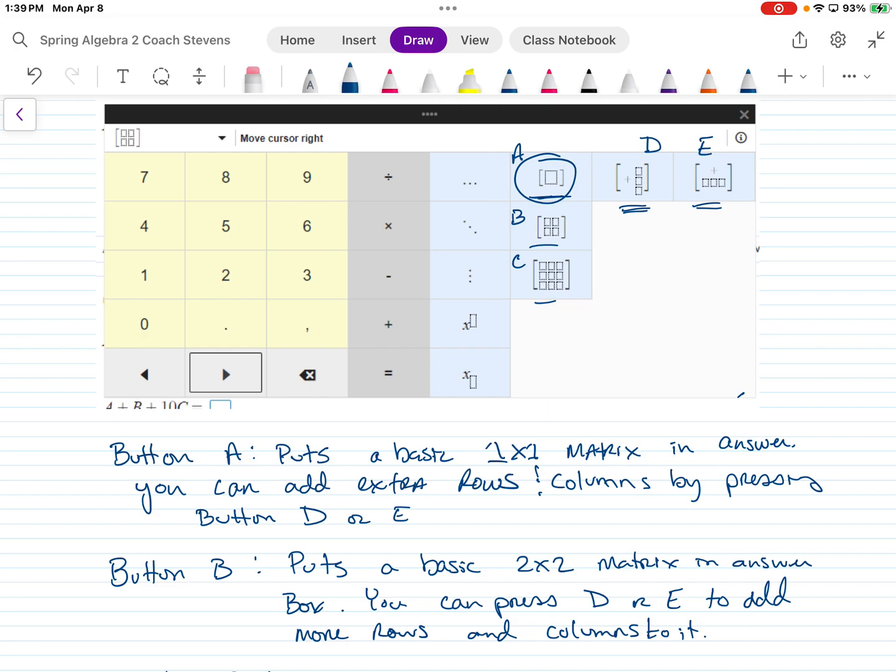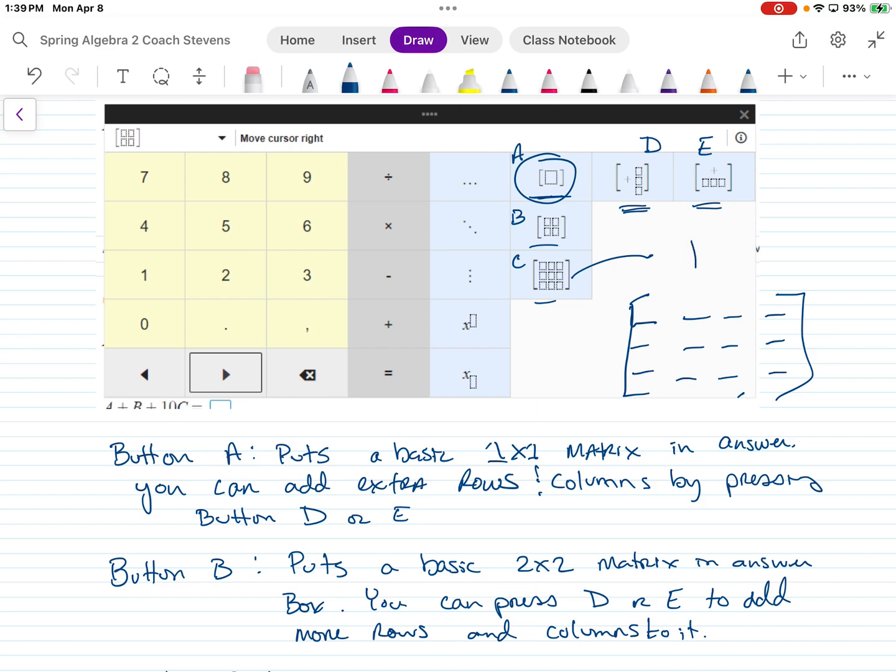And so if you had, for example, something that needed to be 3 rows by 4 columns, so it had something that looks like this, then what you would do is choose a 3 by 3 matrix, and after you do that, you would press the D button and that would add an extra column on top of it.